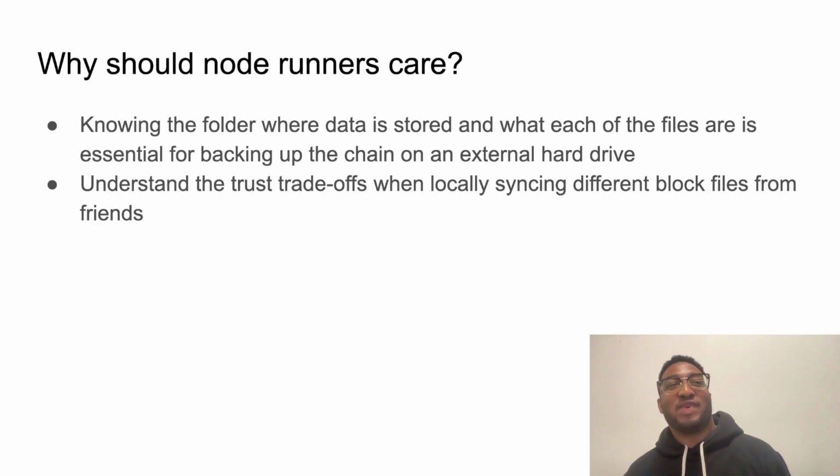And a lot of people want to back up the data for various reasons. Your hard drive can easily get corrupted in a multitude of different scenarios. Sometimes if you have it on your laptop, you want to make sure that if your laptop is broken, or if it's old and stops running for whatever reason, you have this copy of the blockchain, because it takes a long time to download over the network.